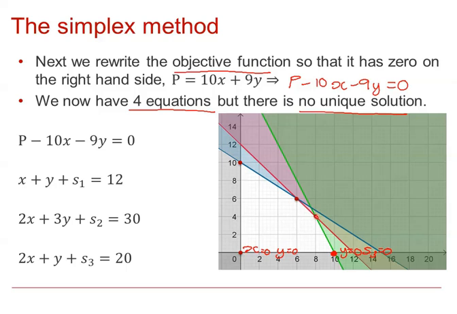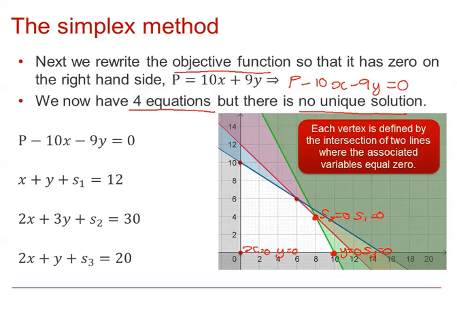And likewise, this is the intersection of the line 2x plus y equals 20 and the line x plus y equals 12. So at this point, we know that S3 equals 0 and S1 equals 0. So each vertex is defined by the intersection of 2 lines where the associated variables equal 0. And the simplex tableau effectively sets out these equations ready to solve them in pairs at each iteration.